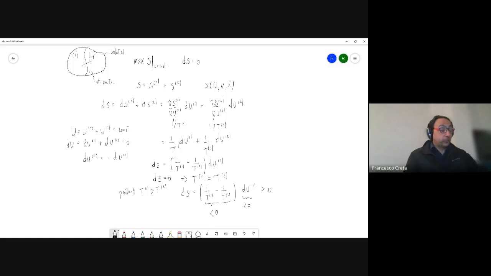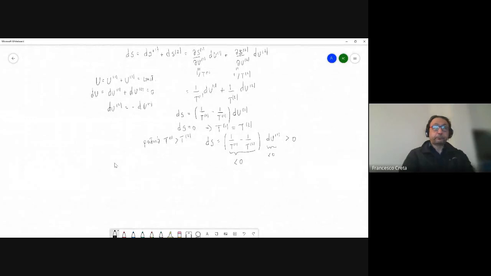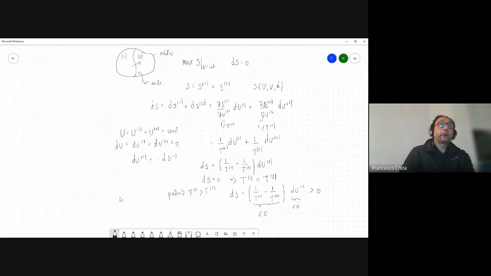And we can do it quite easily. We can play around with this concept, including, for example, not just a diathermal wall, so exchanges of heat, but you can think of this wall as being also permeable.